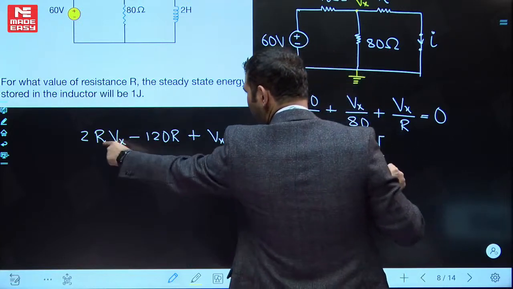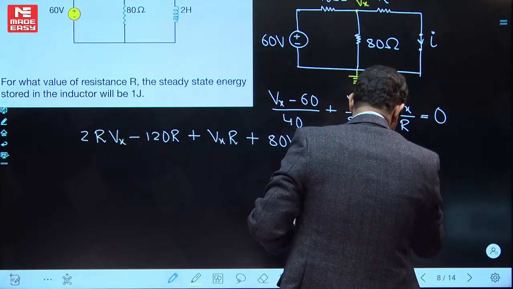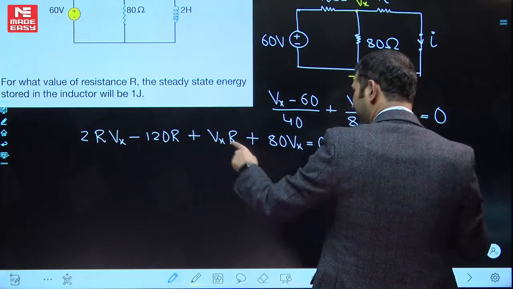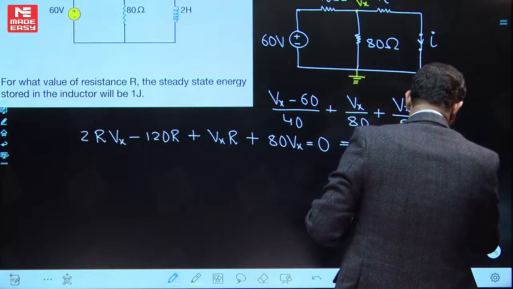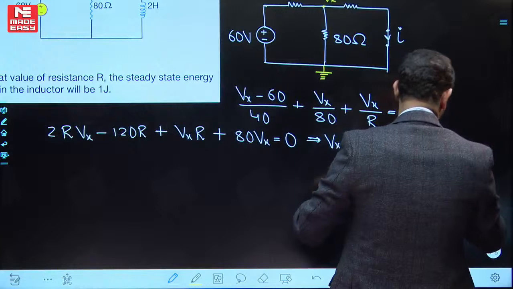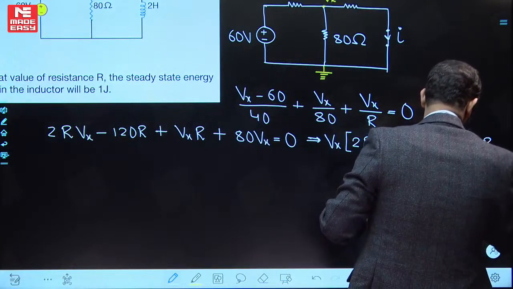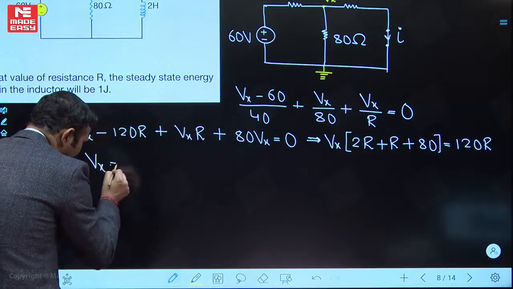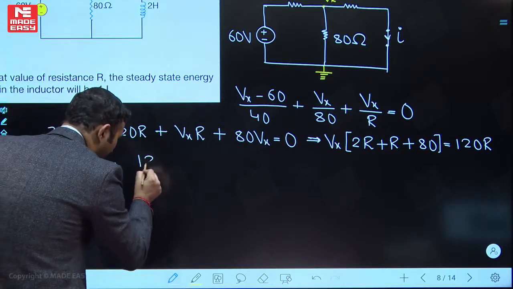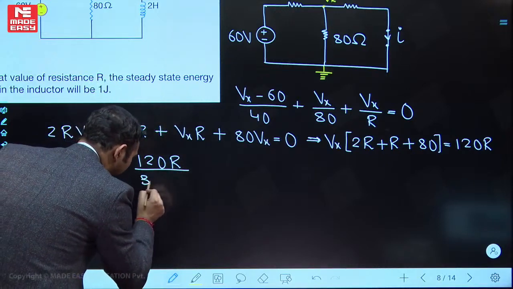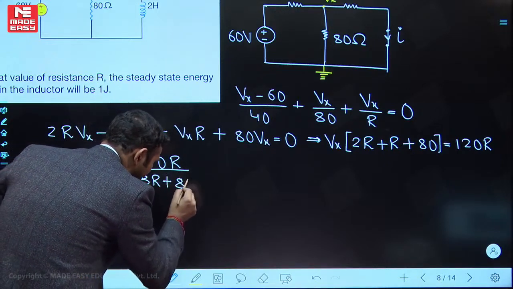If we simplify this one and we want to find Vx, so let's take Vx common. So what I'm left with is Vx times (2R plus R plus 80) is equal to 120R on the other side. Therefore, Vx is coming equal to 120R divided by (3R plus 80).